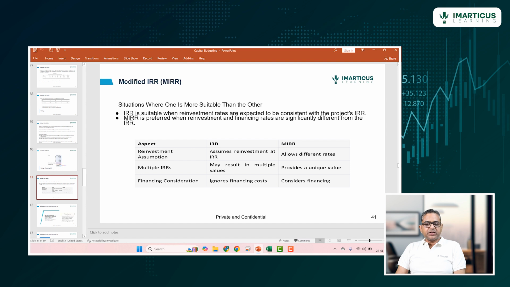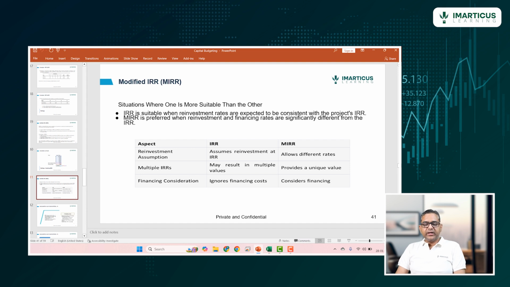Whereas MIRR is preferred when reinvestment and financing rates are significantly different from the IRR. So when we know that we will not be able to reinvest at the same rate as the project's IRR, when our reinvestment and financing rates would be different, in that case, MIRR is preferred over IRR.